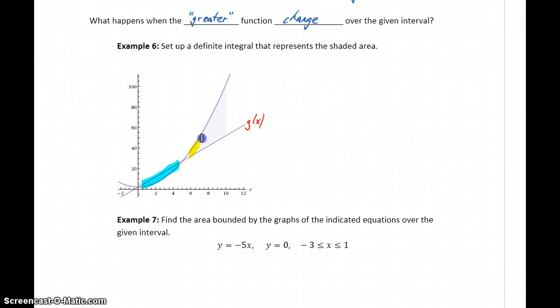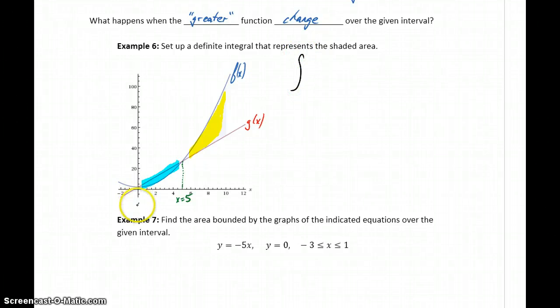And then when we get into the second shaded region, our function f of x is taking on the larger function values. And what happens is right at x equals 5 in this case, we get that change from where one function is taking on the larger values to where that switches to be the other function. So in this case, what we'll do is set up two separate integrals.